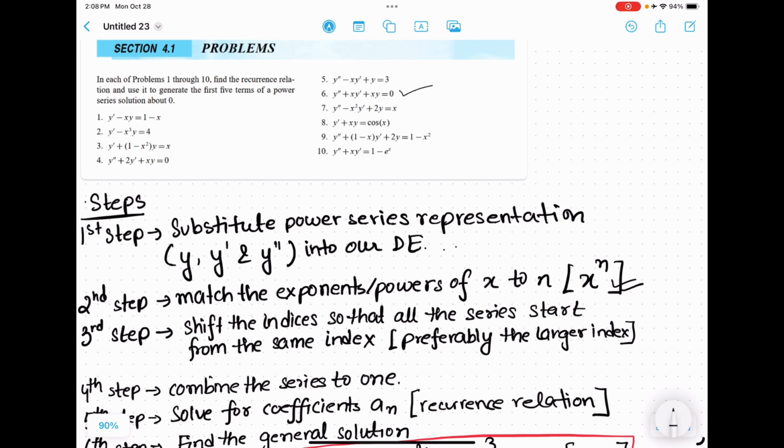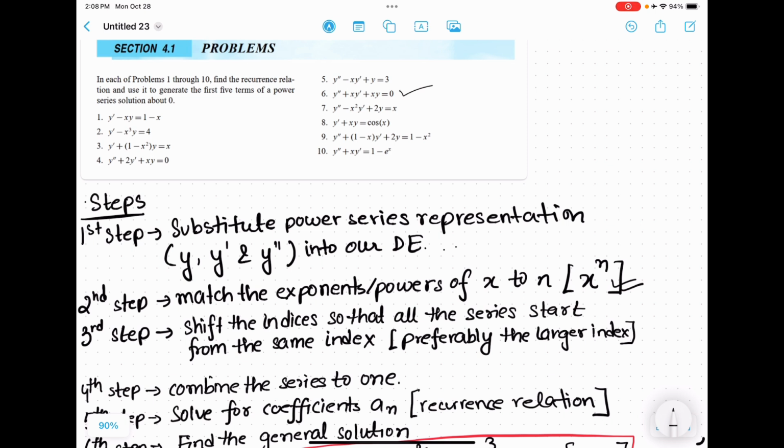Then we shift the indices so that all the series start from the same index. We will have multiple series and all of those series may or may not start from the same number. If they do, amazing, we don't have to do anything. But if they don't, then we have to shift one or two of the power series.